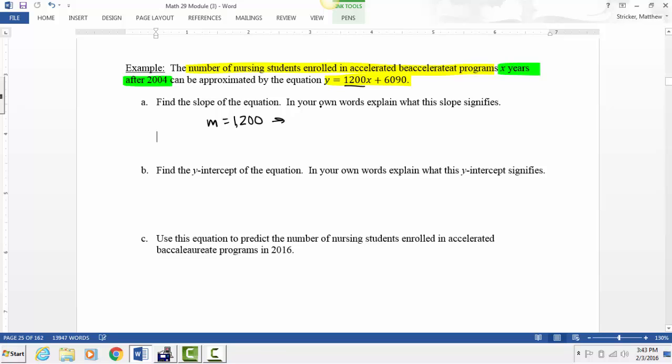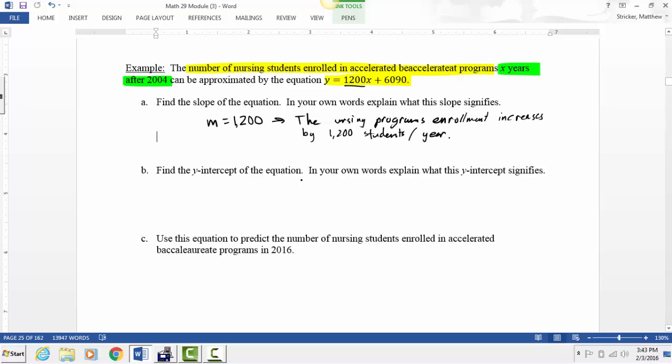That means the nursing program's enrollment increases by 1,200 students per year. Remember, it's a rate of change, and in this case it's students per year. In most of these problems it's going to be per year.